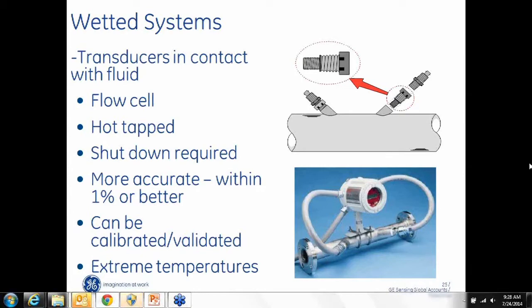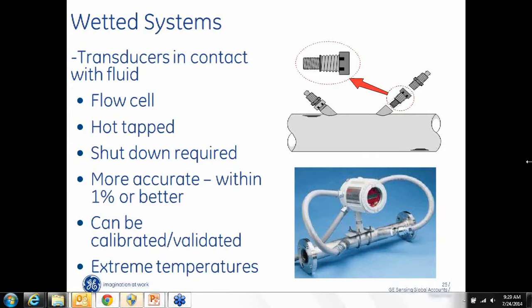Good question. As a follow-up, is this for flow cell only? I think the follow-up is to temperature possibly. So we can do clamp-on or flow cells for gases or liquids.